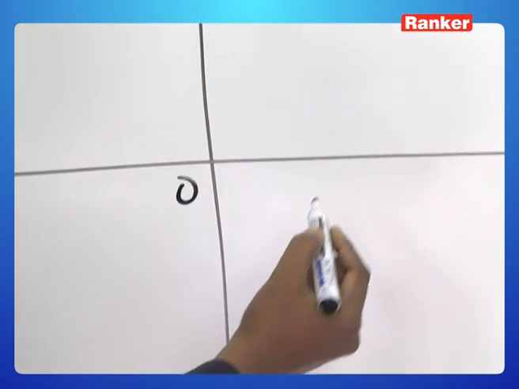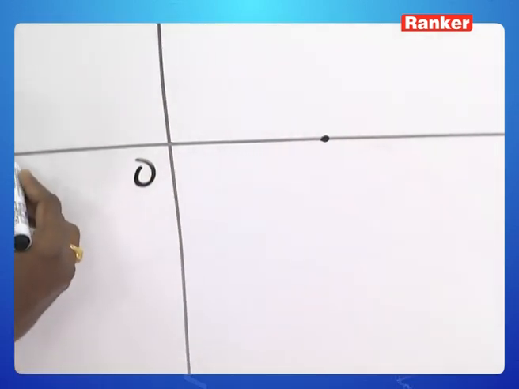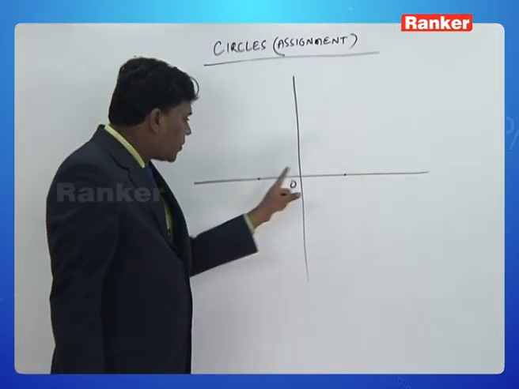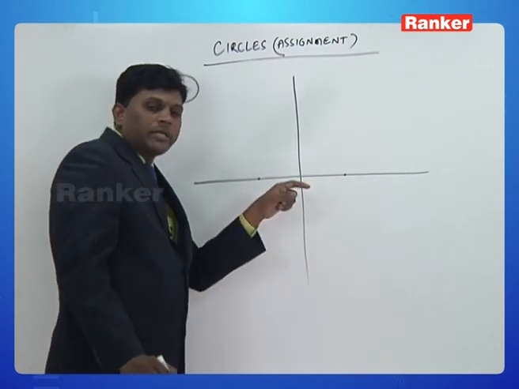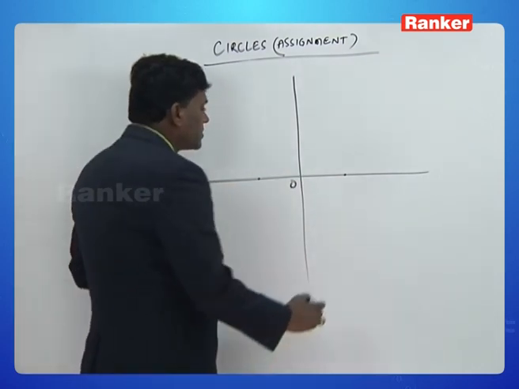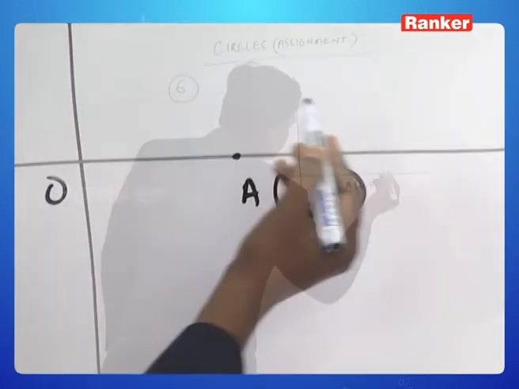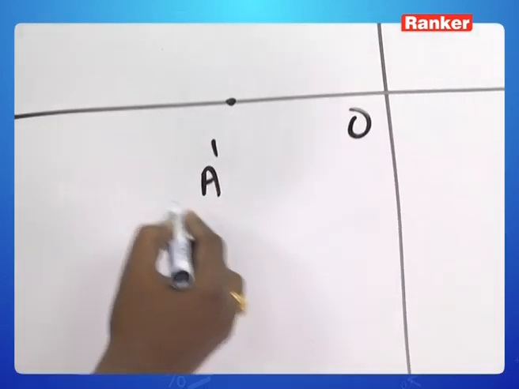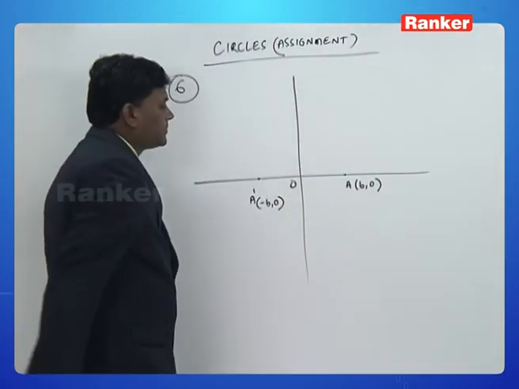From the origin, if we choose a point at a distance of b units, clearly we have 2 points on the x-axis which are at a distance of b units from the origin. If you take this point as (b, 0), the other point is taken on the other side of the origin, whose coordinates are (minus b, 0).